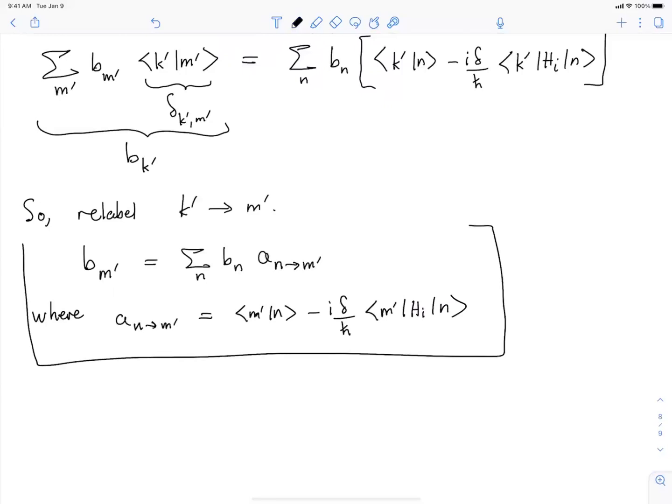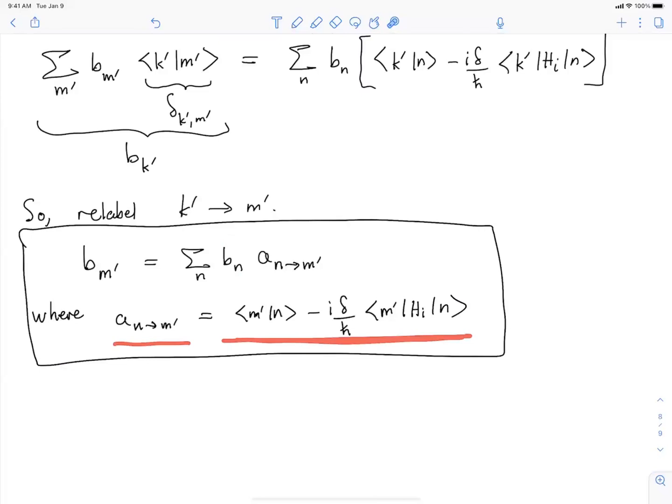Okay, and so that's the solution to the sudden approximation. And so let's review what it says. It says we start off with some initial state. And if we know the initial state, that means we know the coefficients b sub n. So we know those. Then we compute this quantity a, and we compute it because we know everything involved on the right-hand side.